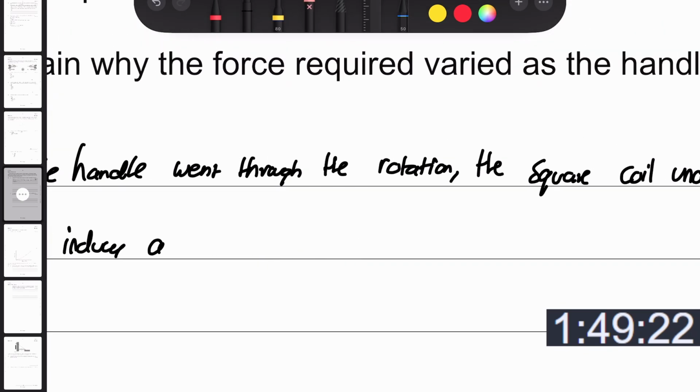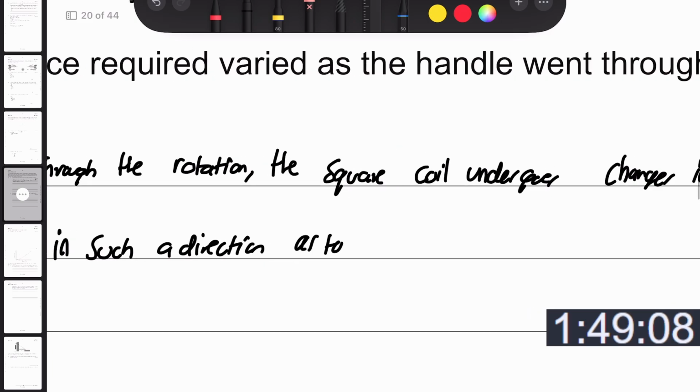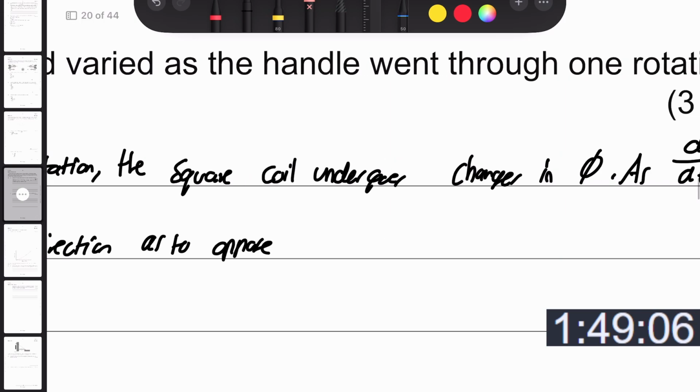I would say an EMF, because back EMF is for motors, not generators. In such a direction as to oppose the motion that created it.